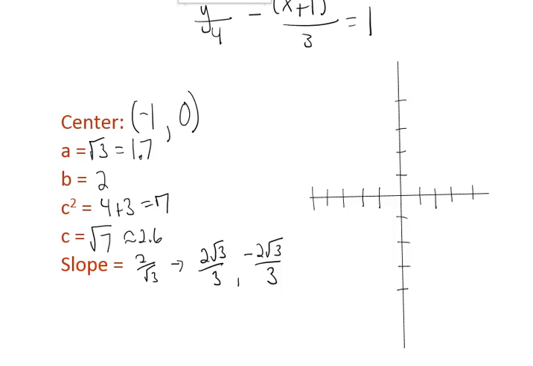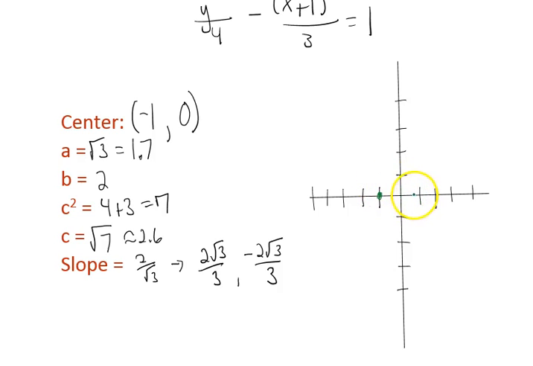Now we're ready to graph, so I'm going to start with my center as usual. It is at -1, 0, so that is right here. And so we're a little bit to the left this time. I'm still going to count things the same way. My A is 1.7, so I'm going to go left and right of that point, 1.7.